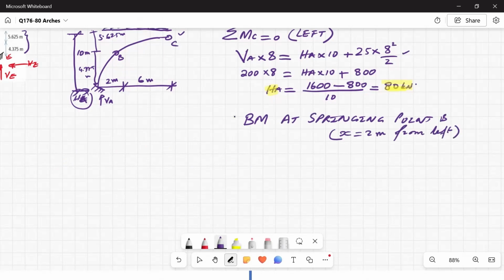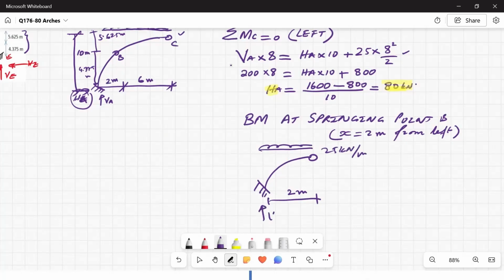This is 2 meters, and we have a UDL of 25 kilonewton per meter, and we have VA, which is equal to 200 kilonewton, and we have HA, which is equal to 80 kilonewton, and the vertical distance is 4.375 meters.